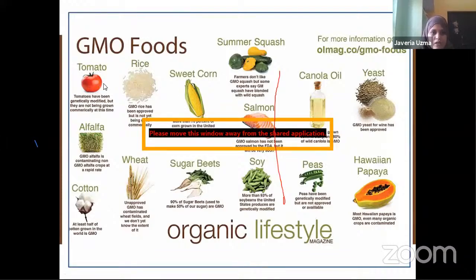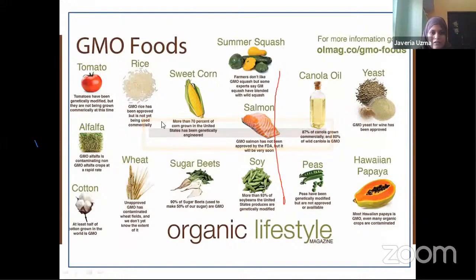Like in tomato you can improve the shelf life, in rice you can improve the nutritional quality by adding beta carotene and vitamin A. In maize you can make it insect resistant, so any caterpillar cannot attack it. Like that, in all these GMO foods you have certain important characteristics which will improve production.